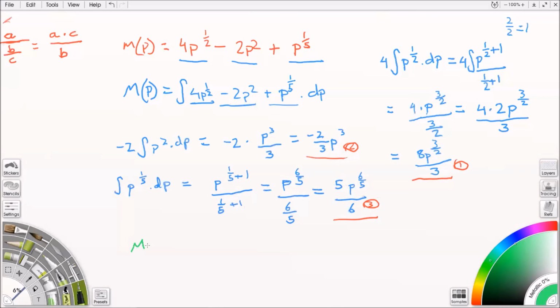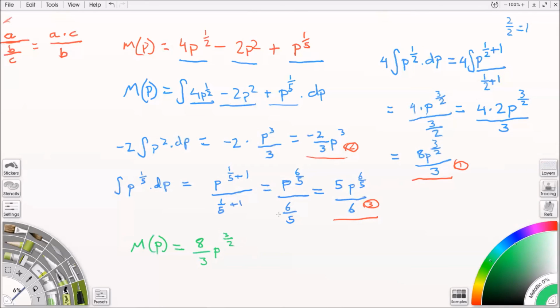So M, it's a capital M, lowercase p, is equal to the first term, so 8. We can just write it as 8 over 3, bring it out as a fraction with just the numbers out front, P to the 3 on 2.